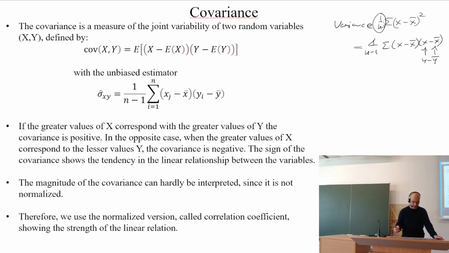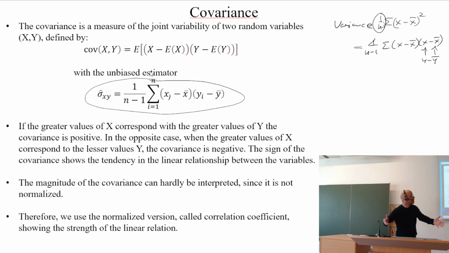But of course, this measurement is now at this point hardly to interpret, because, well, if it's a high number, if it's a low number, how should I interpret it?